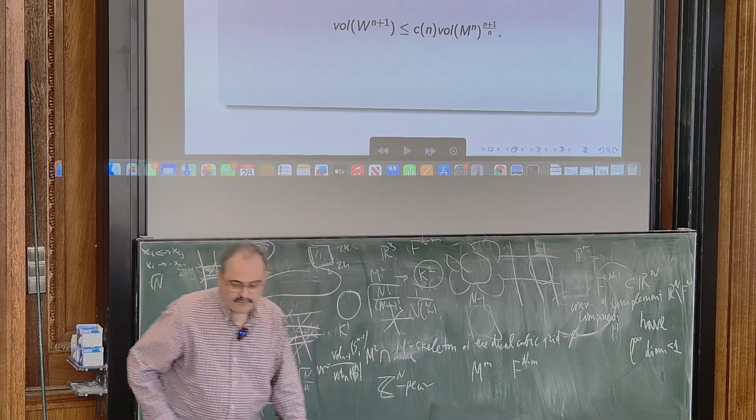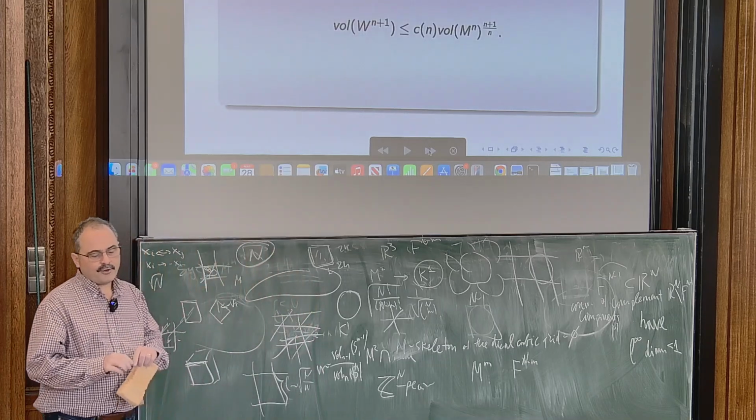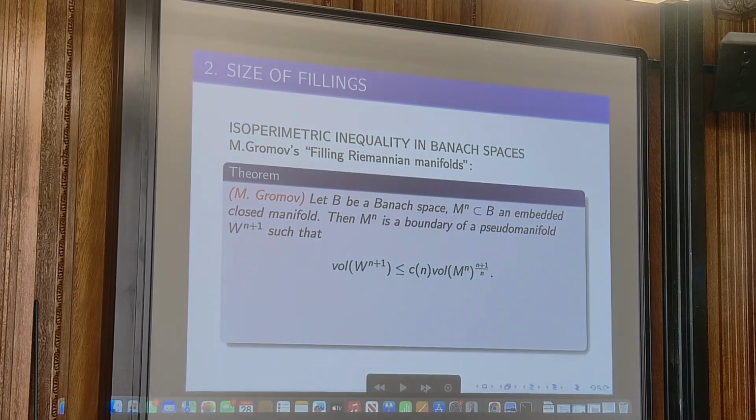And now we have 11 more minutes, and I'm going to briefly explain the other side of this story, when we try to evaluate distance from a manifold to a lower dimensional object in terms of the volumes of the fillings.